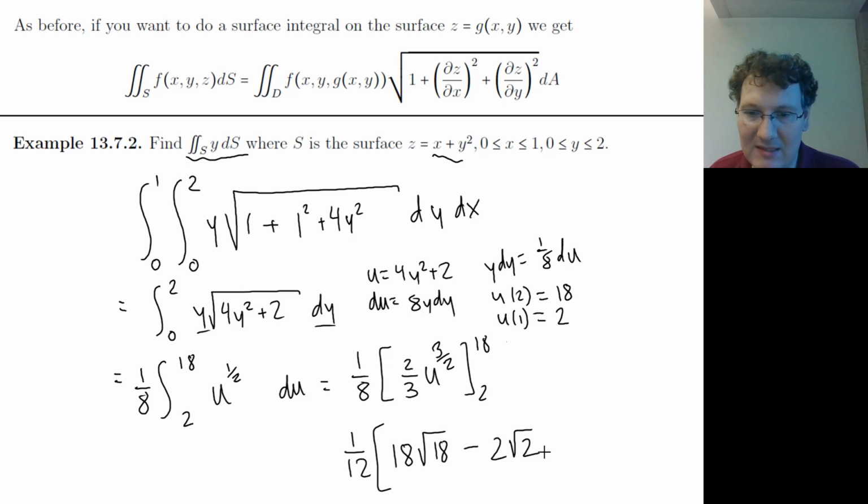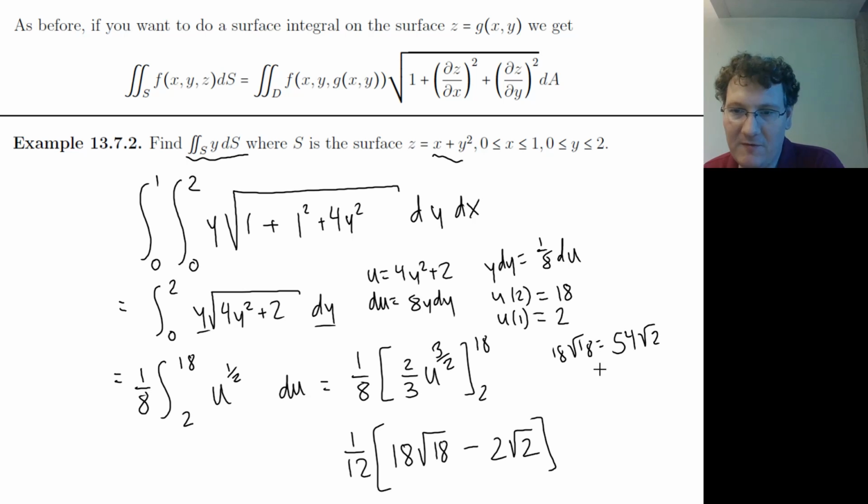And 18 square root 18 is actually, I can factor out the 18, which is 9 times 2, so I can take the 9 through and that becomes another 3. 3 times 18 takes me to, that's going to be 54 square root 2. 54 minus 2, that's going to be 52.